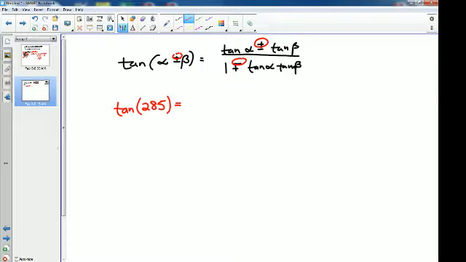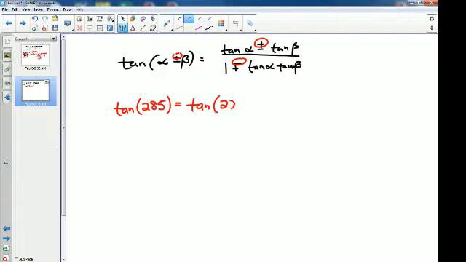So we'll just do degrees here. 285. Can you name two angles on the unit circle that add up to that? Or subtract, whatever. 285: 250 and 30. 250 is not on the unit circle. Aw, dang it.